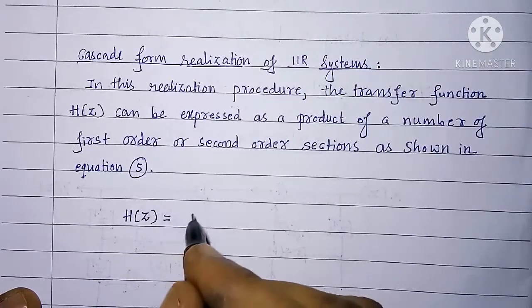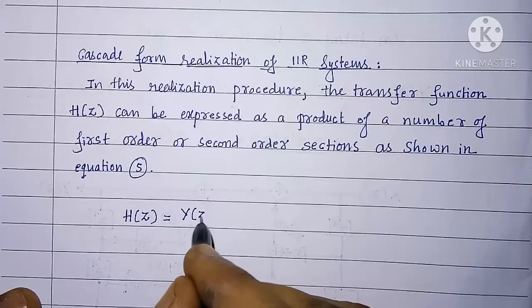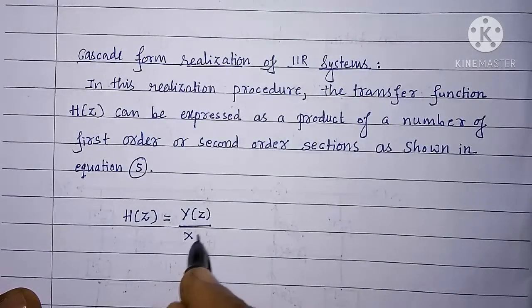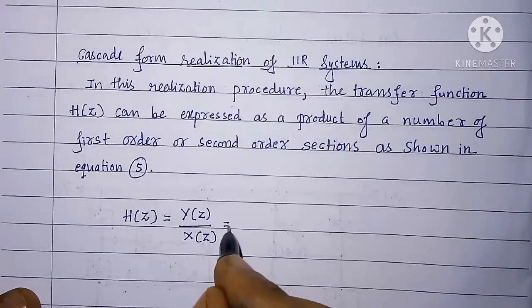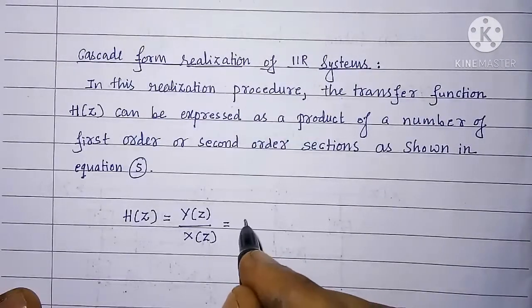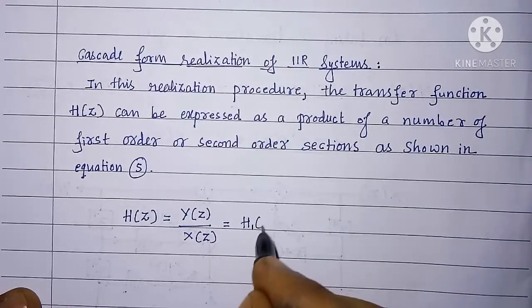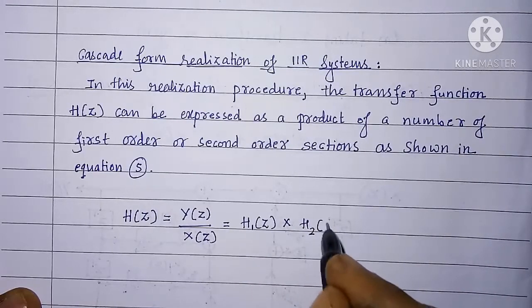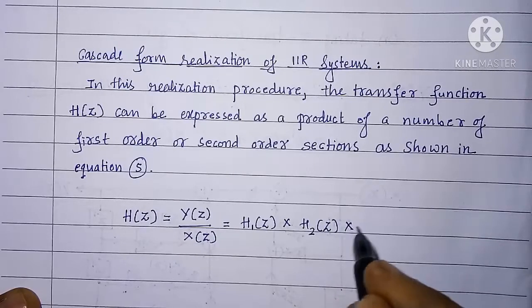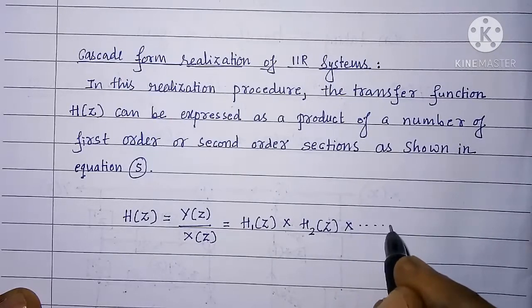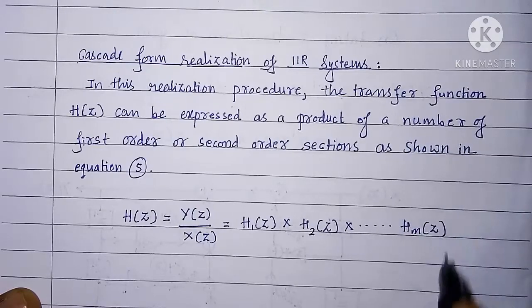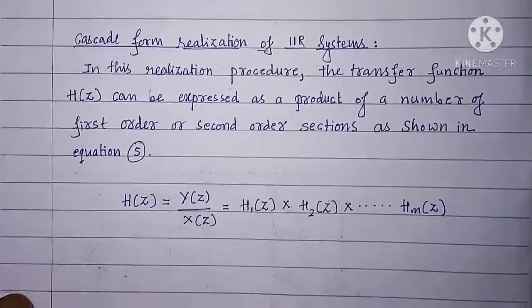H of z equal to Y of z upon X of z, that is equal to H1 of z into H2 of z into dash dash dash Hm of z.